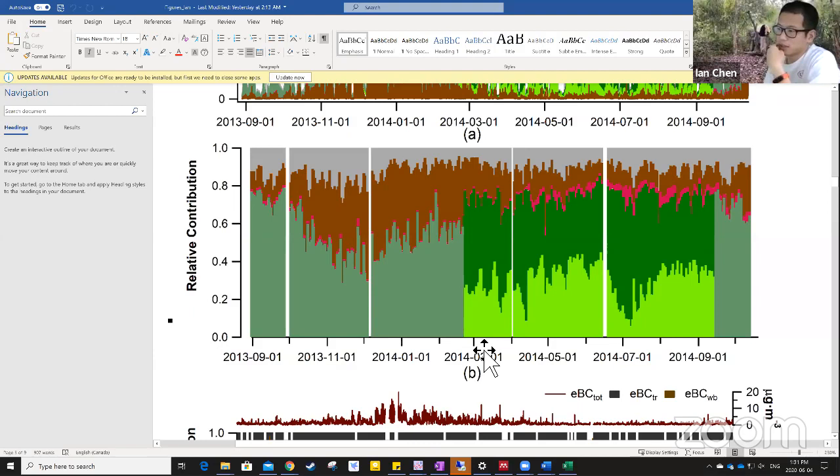I mean, it doesn't really make much difference, either 4 or 5-factor solution during the transition period, I would say, but I don't know.